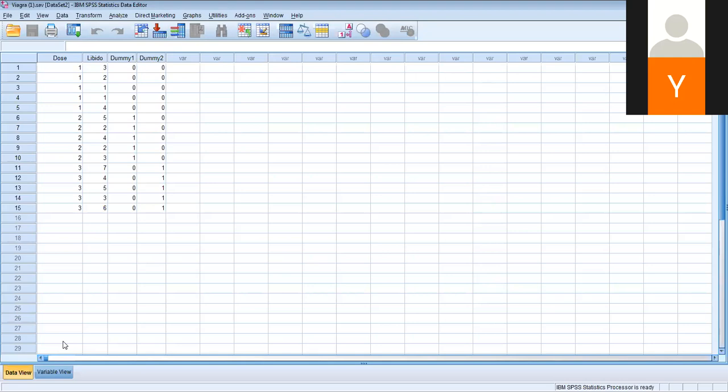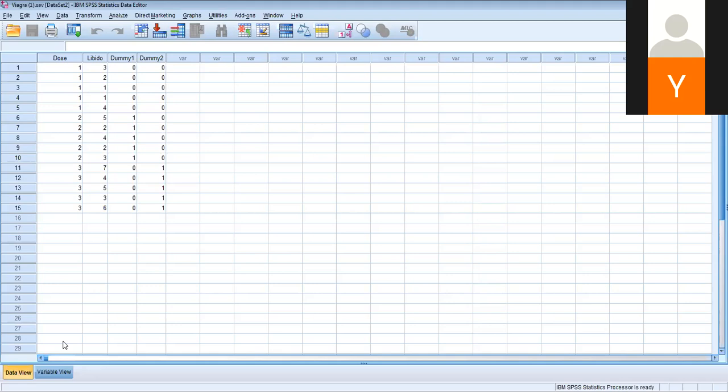When you are creating dummy 1, dummy 2, if there are 3 categories, you will hold 1 category constant and create dummies for the 2 other categories. If there are 2 categories, like male and female, we only create a dummy for 1. You can decide to say 1 for male, 0 for female.